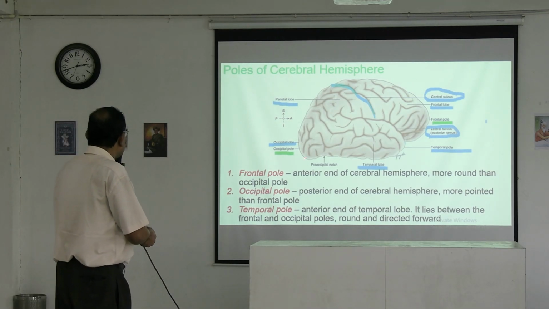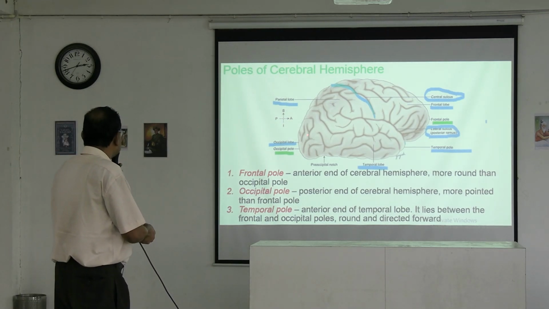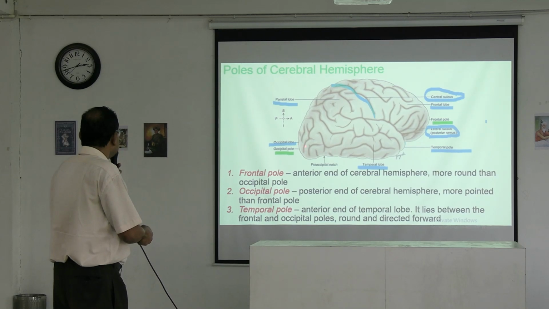And another sulcus we can find here within the occipital lobe, that is the calcarine sulcus.